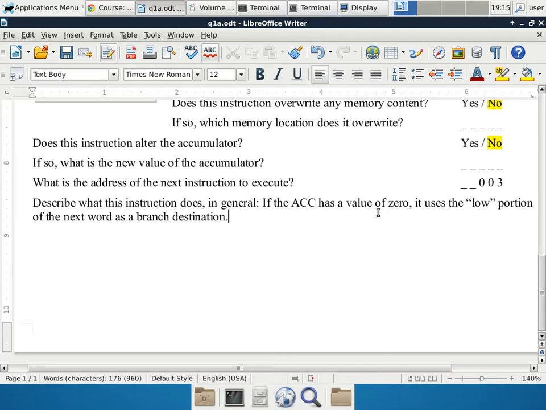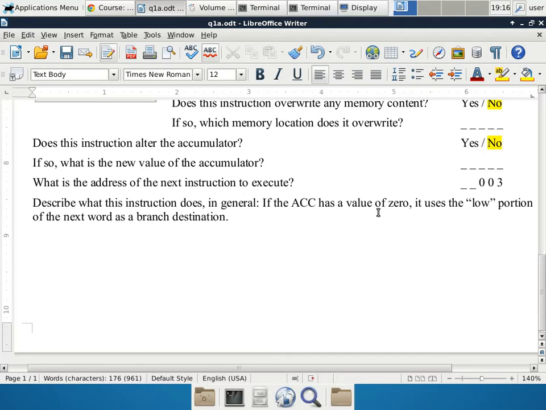It would have loaded the word next to this instruction, and then used the low portion of that word loaded into the PC to continue execution. So that's one thing that will happen here.